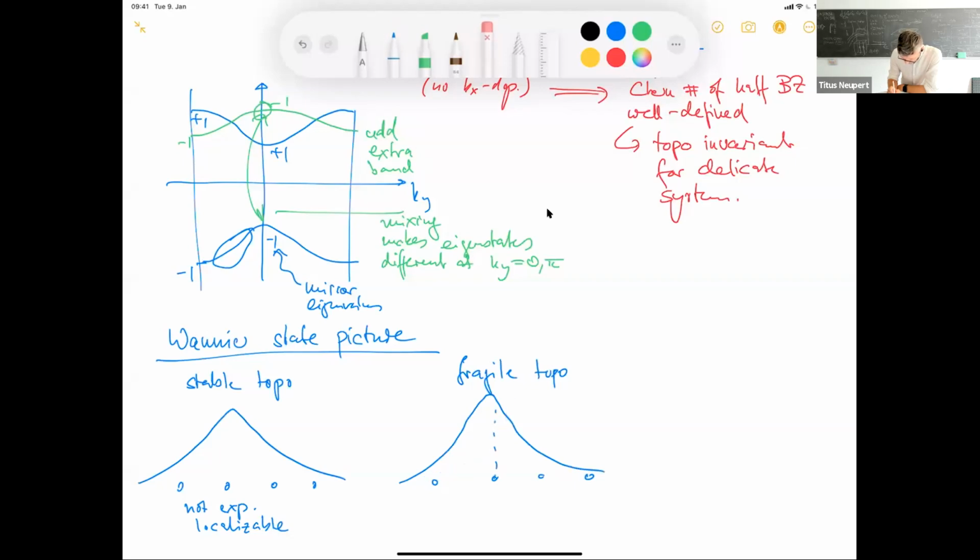Actually, even for stable topology, there's the option of evading that if you do away with the symmetry.